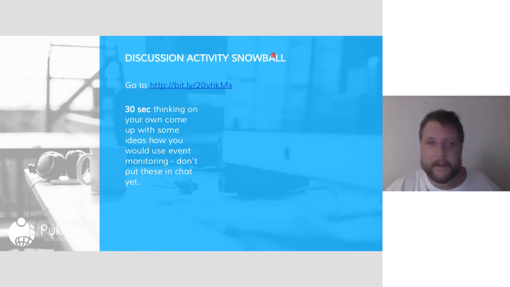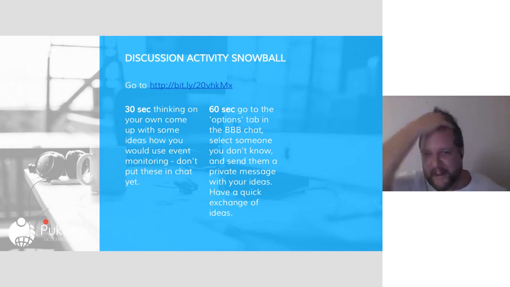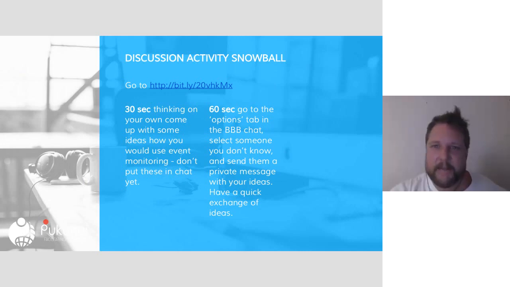Okay, that's about 30 seconds. Hopefully that started to generate some thinking and you got some ideas. Now, this is where it might fall flat. Hopefully this will work. I'm going to give you another 30 seconds. In the BigBlueButton chat window, next to the second tab, it says options, and you can use that to privately chat with somebody else in the room.